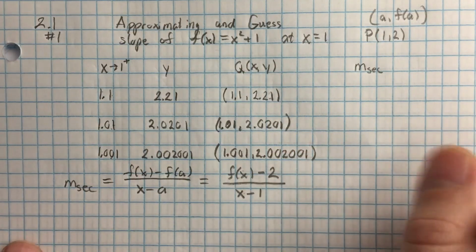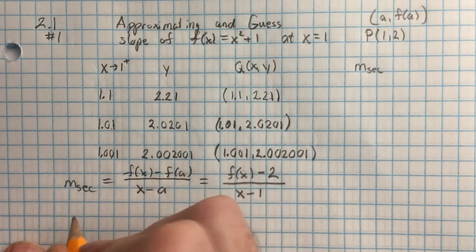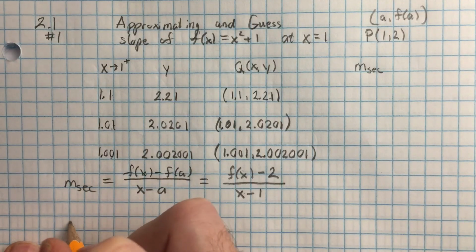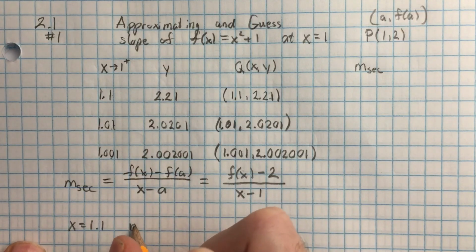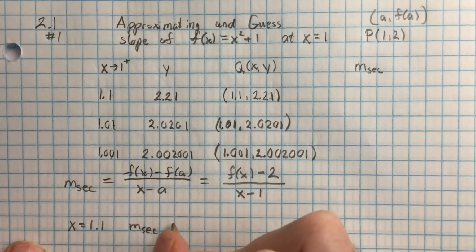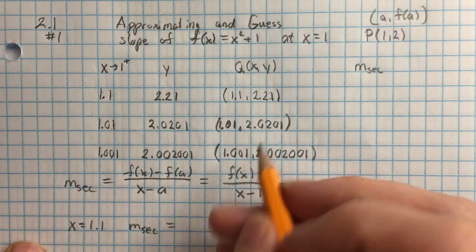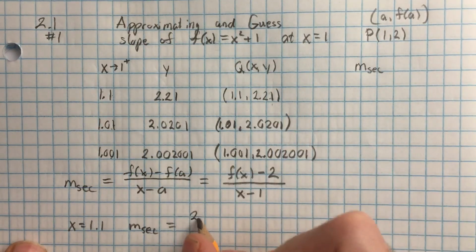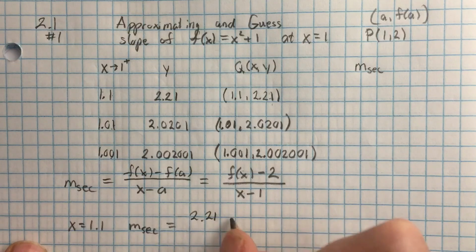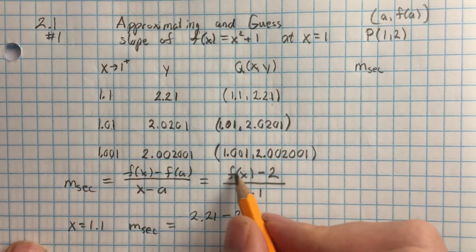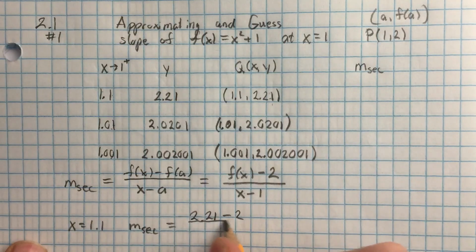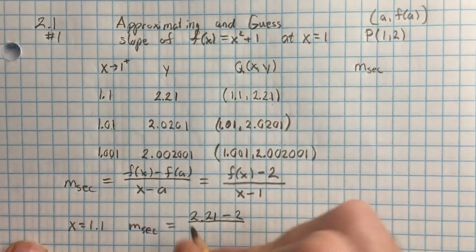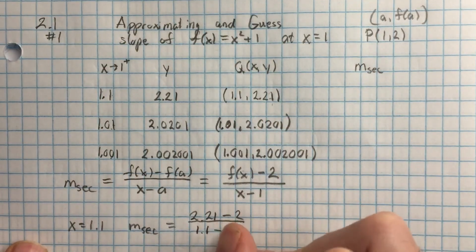Okay, so when x is equal to 1.1, the secant slope is going to be the y coordinate here, 2.21 minus 2. I'm just filling in f of x here with this f of x coordinate, and then x here, I'm filling in with this x coordinate, 1.1 minus 1.